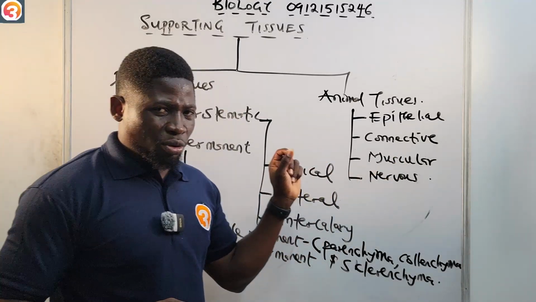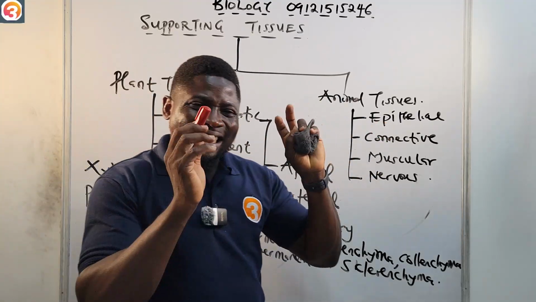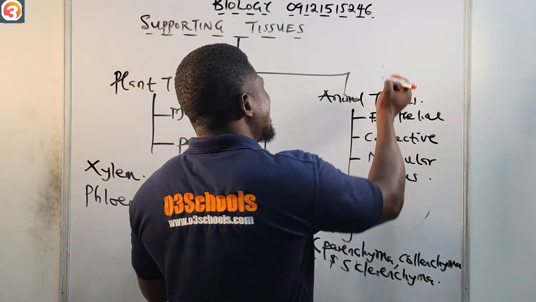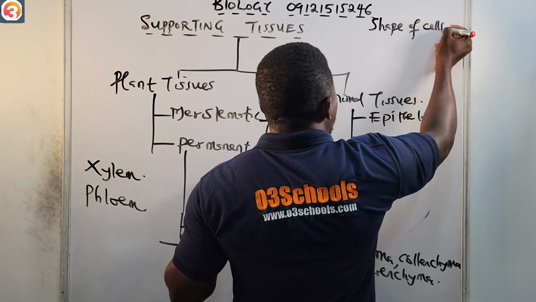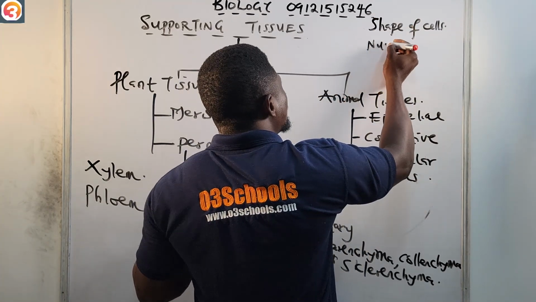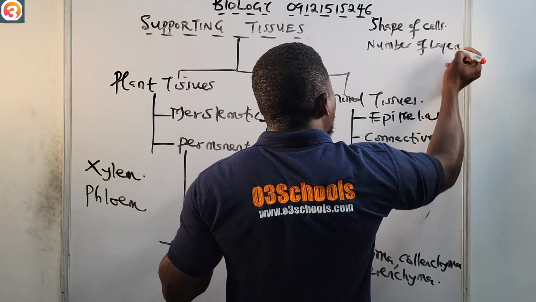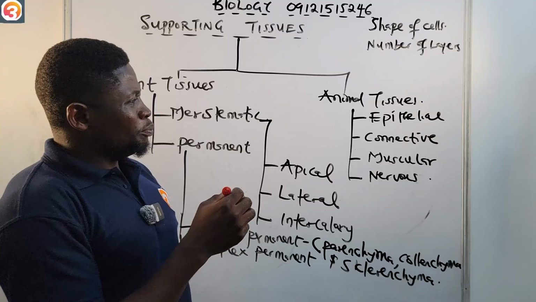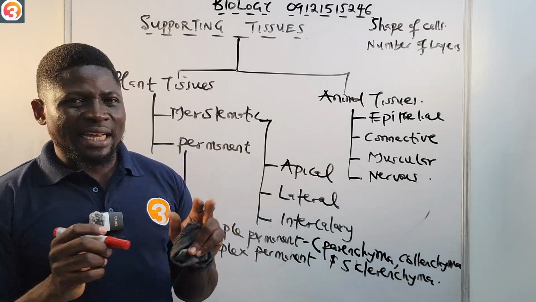Now these epithelial tissues are classified based on, one, shape of cells, and two, number of layers. So we classify epithelial tissues based on the number of layers and the shape of the cells.